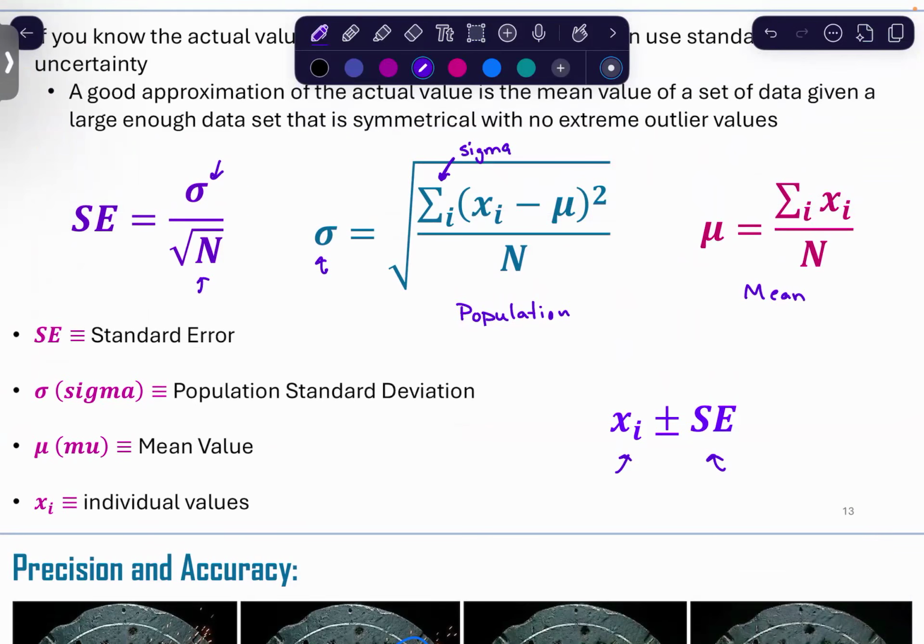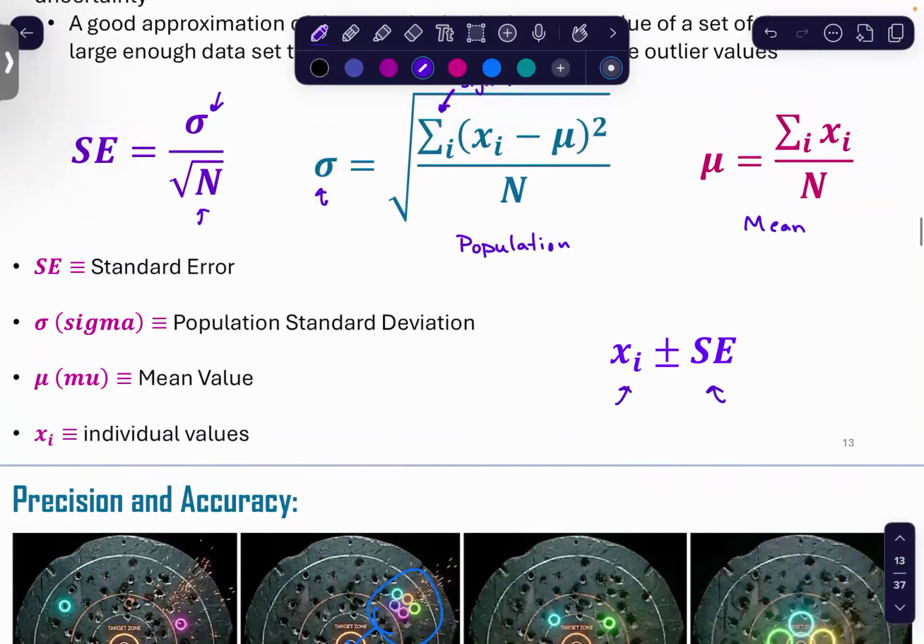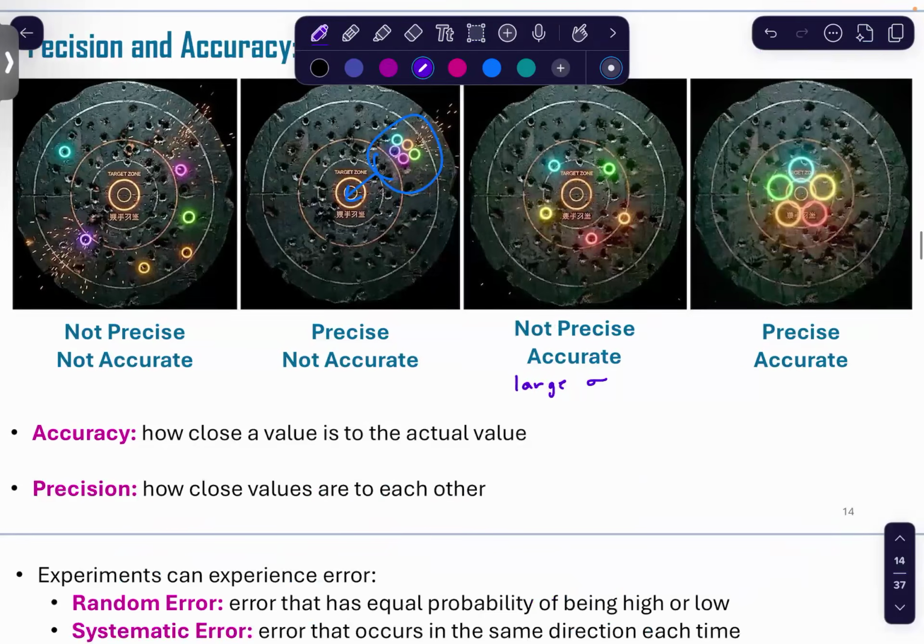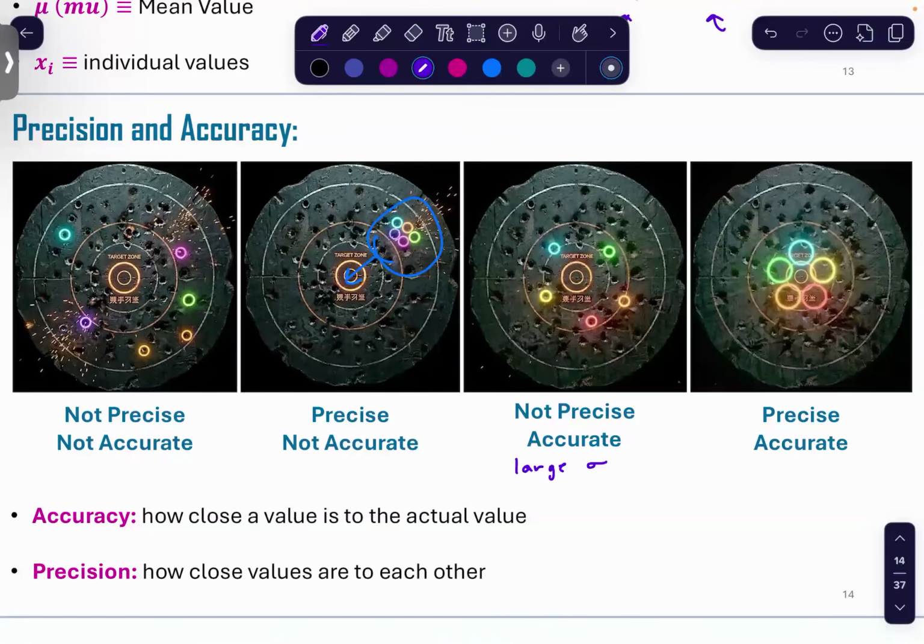Same letter, just upper and lowercase. And again, we use this for micro, but also your Greek letter mu is going to be your mean value. Your last one there, where all of your circles are close to the bullseye and grouped tightly together, that's both precise and accurate.